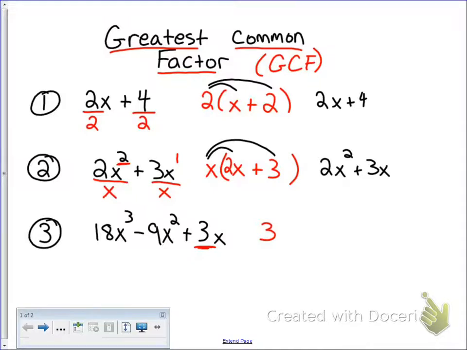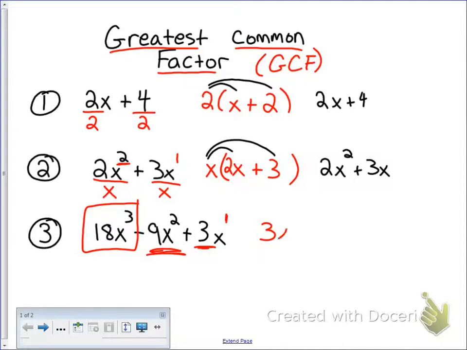I'm looking at this and I'm seeing, oh wait, they all have an x. So I can take 1x out of this 3x, and that's the least amount of x's I can take out. I can't take out more because I can't take out that many from this term. You can only take out basically the smallest exponent.